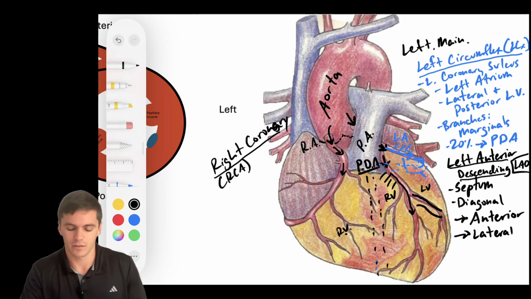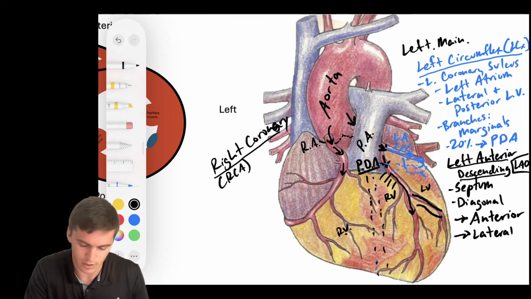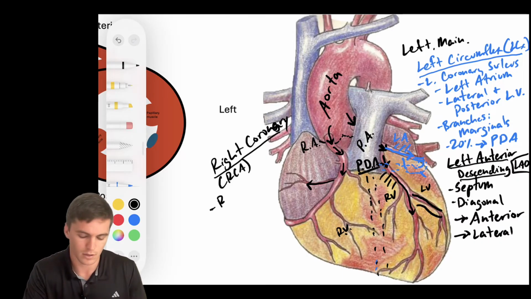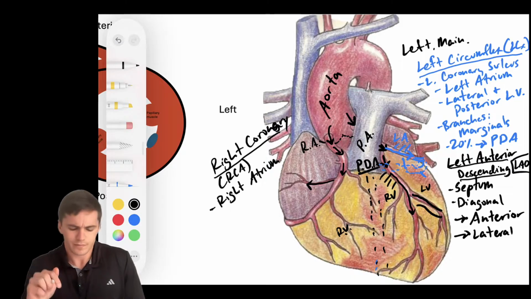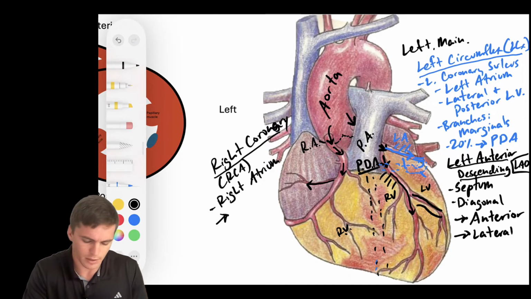In what region of the myocardium does the right coronary artery supply? Well, you can see here it gives off branches to the right atrium, so it supplies the right atrium. Before we talk about where else it supplies, it also supplies our SA and AV nodes.